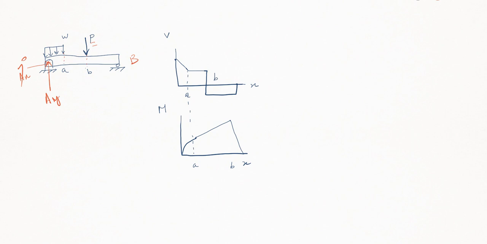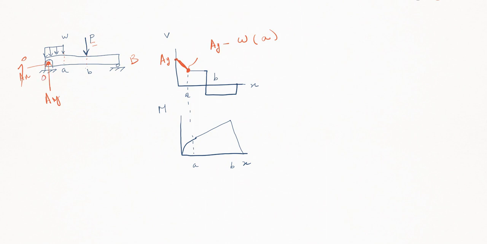Now to draw a shear diagram, so basically at point A, what force do we have? We have the reaction AY, and it's upward, so it's positive, so this is AY. And then it's going down with a slope of W, right? So this force here is gonna be AY minus W times whatever the distance. Let's start from 0.